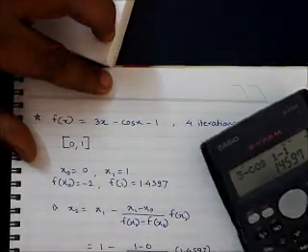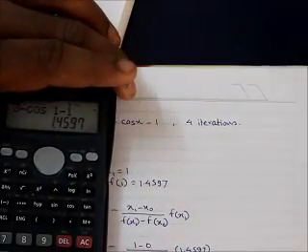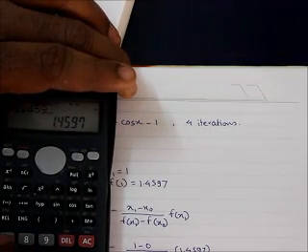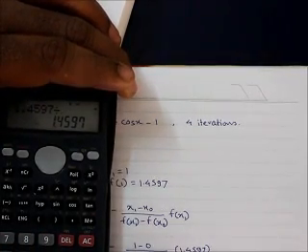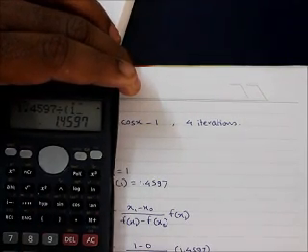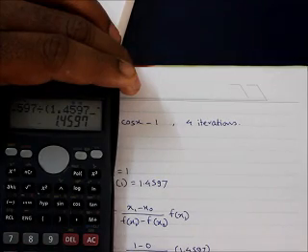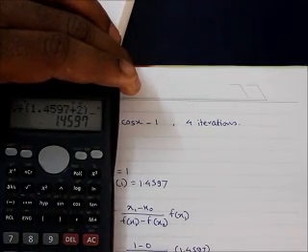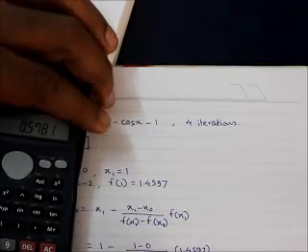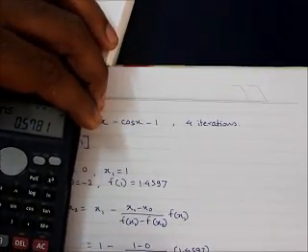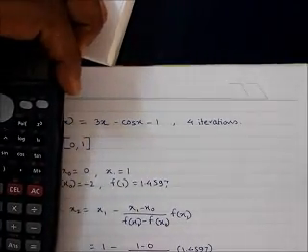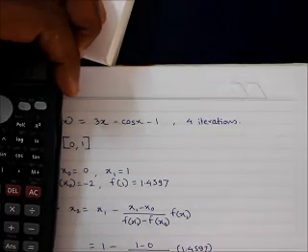So this is 1.4597 divided by 1.4597 plus 2. Okay, so 1 minus the answer, 0.5781, that's x2.